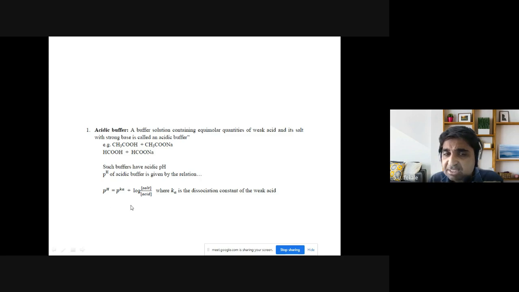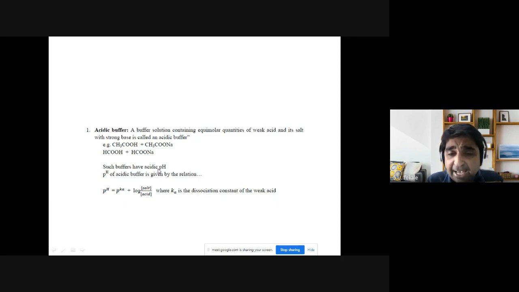What is this acidic buffer? It is nothing but an equimolar mixture of weak acid and its salt with strong base. So the pH of the solution is in the acidic range, that is between 0 to 7, and it is given by a very well known and famous equation named after the scientist Henderson.